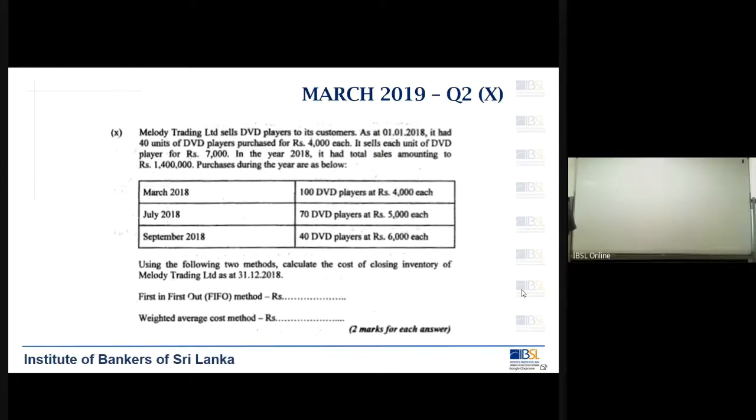So roughly, an MCQ for 2 marks means you can spend about 1.8 minutes, out of altogether 36 minutes.